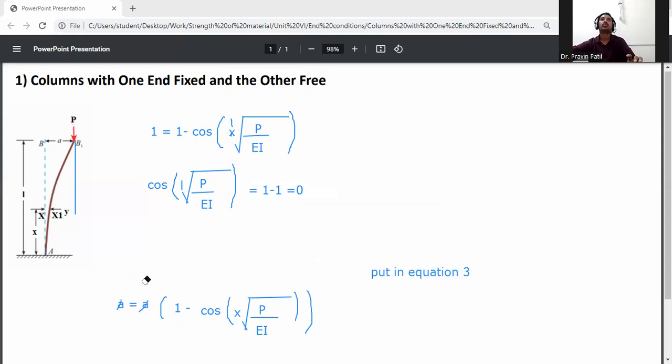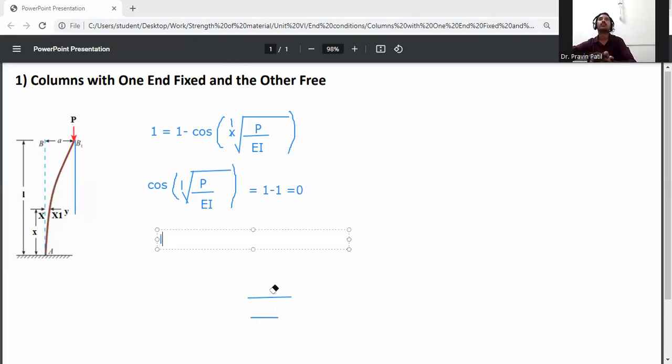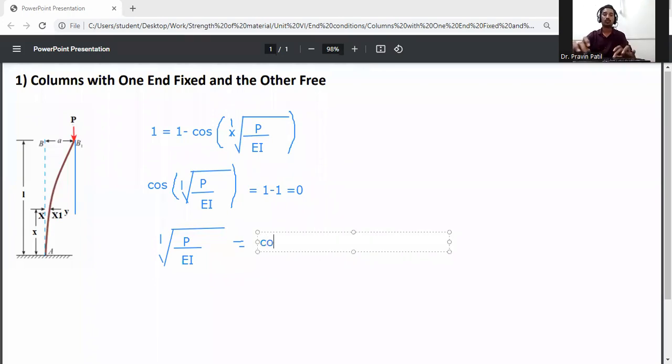Now write down L root of p by a is equal to cos inverse 0.